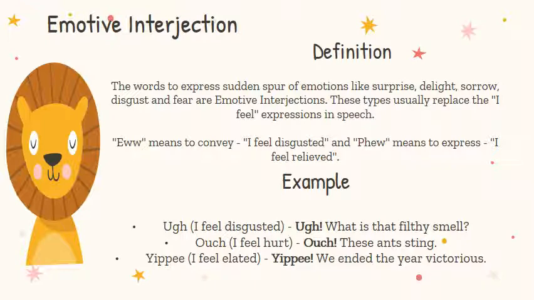Emotive interjection: the words to express a sudden spur of emotion like surprise, delight, sorrow, disgust, and fear are emotive interjections. This type usually replaces the "I feel" expression in speech. Ooh means to convey I feel disgust, and phew means to express I feel relief.